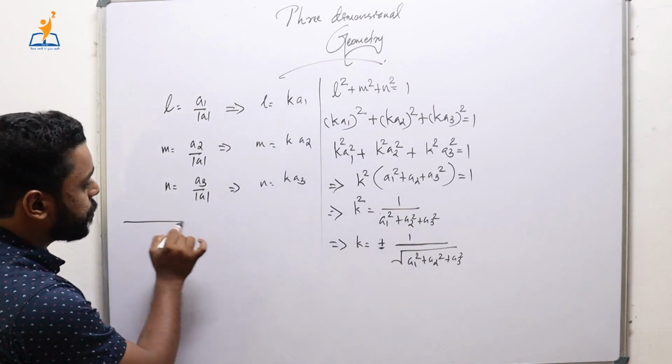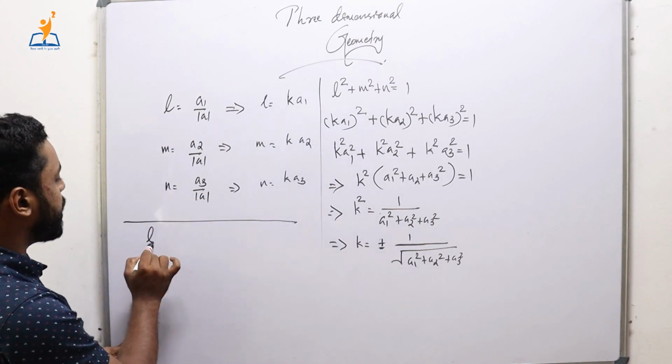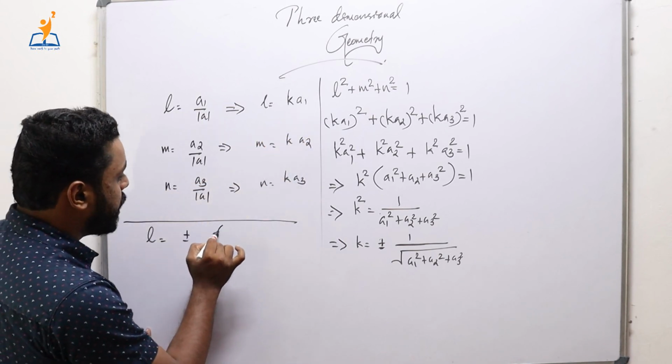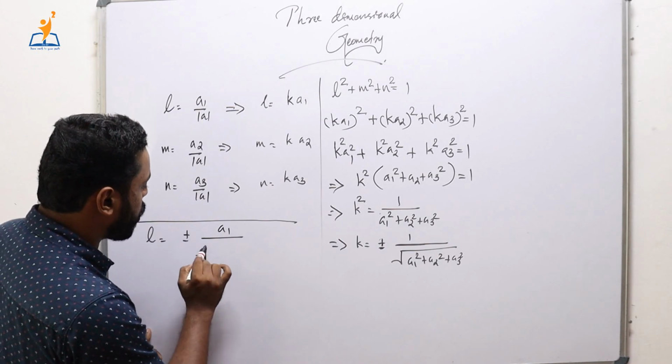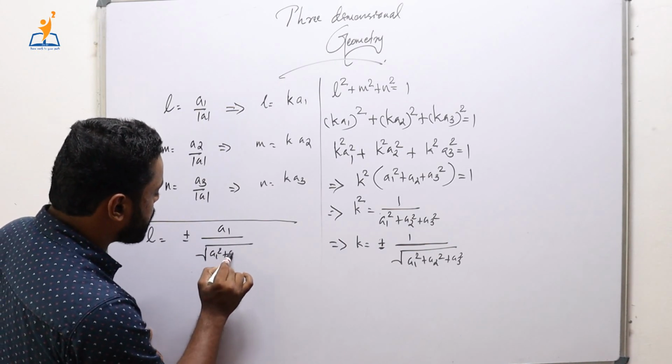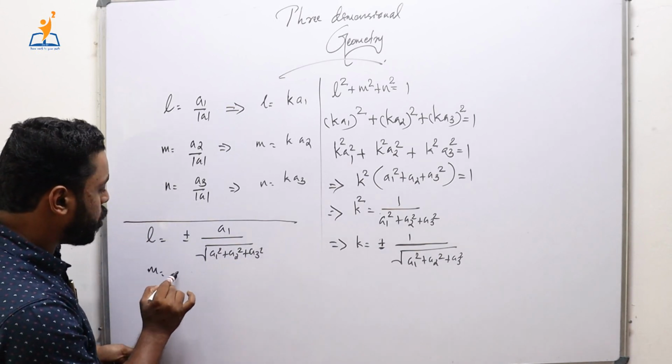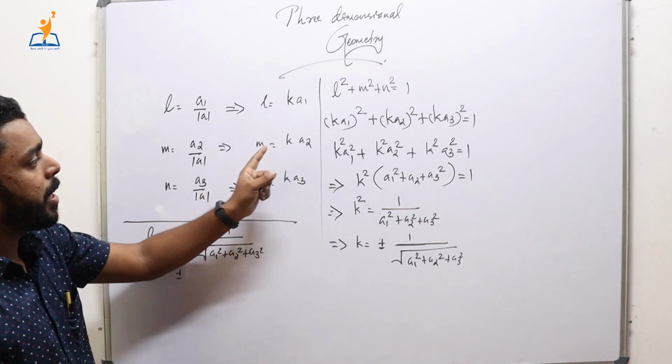So L is nothing but KA1, that is plus or minus A1 divided by square root of A1 square plus A2 square plus A3 square. M is equal to plus or minus, what is M? KA2.